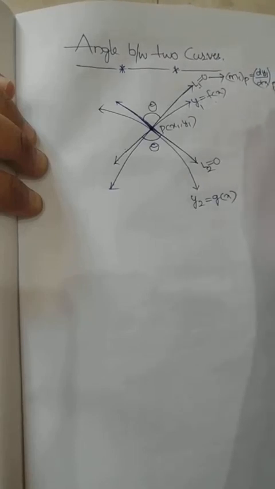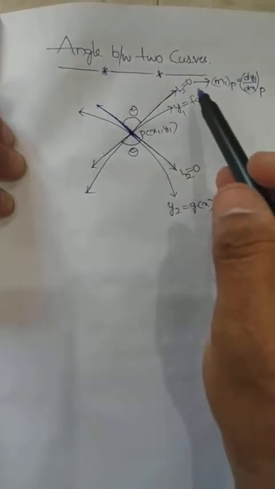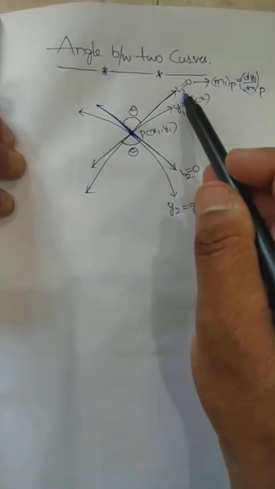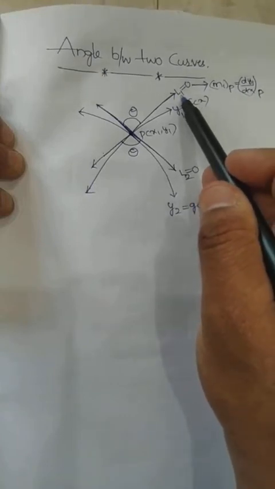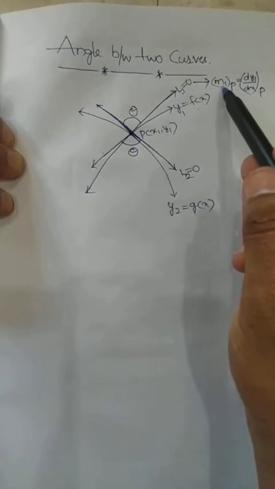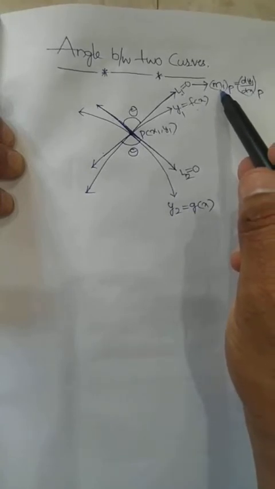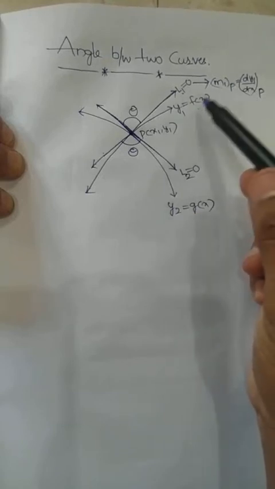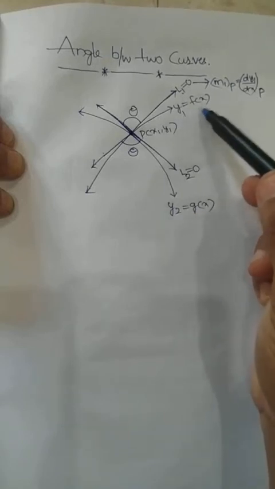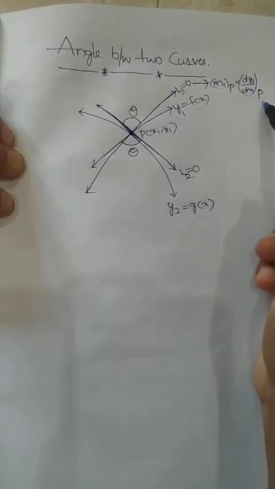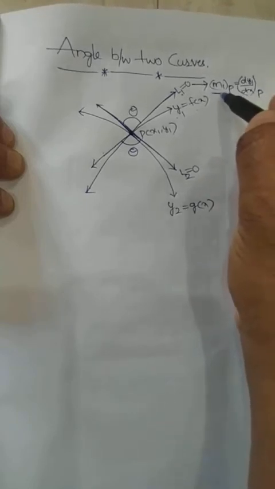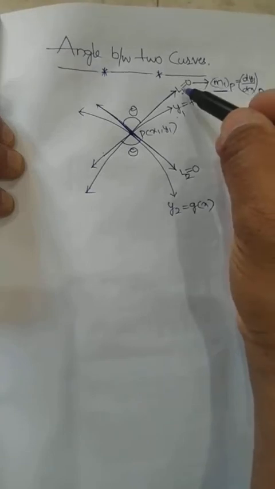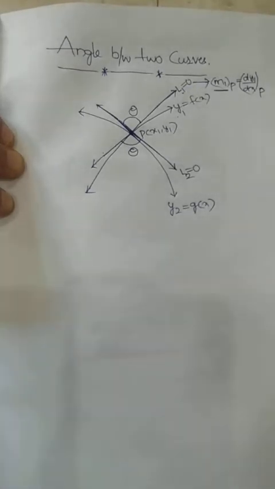The slope of this tangent line, M1 at point P, is none other than the derivative of the curve, dy1 by dx at P. So first we have to find the slope of each tangent line.